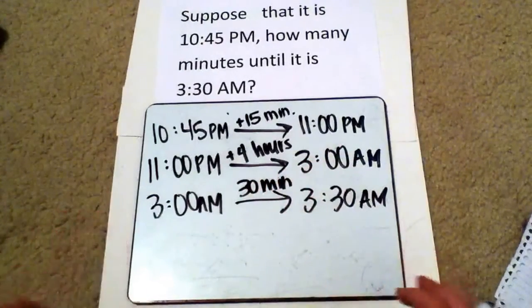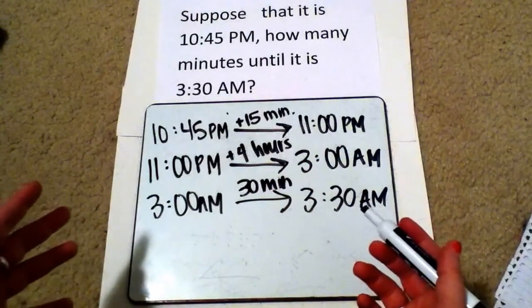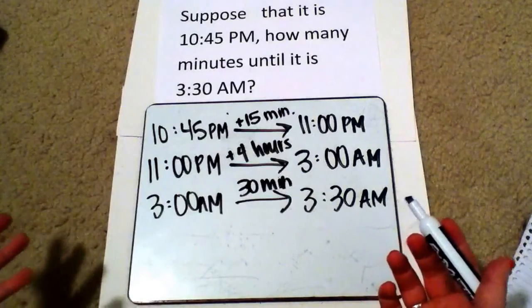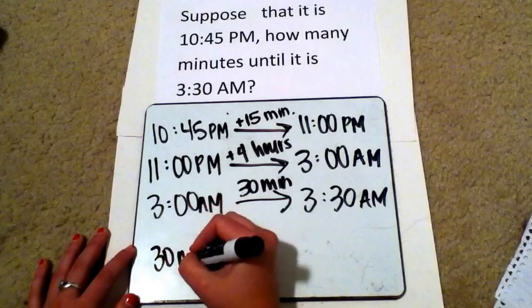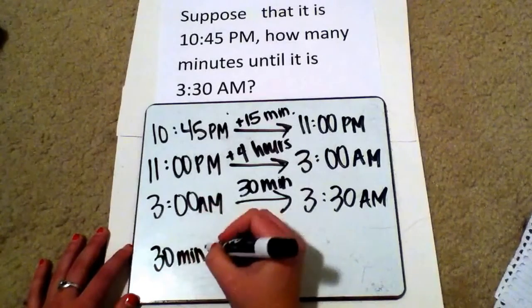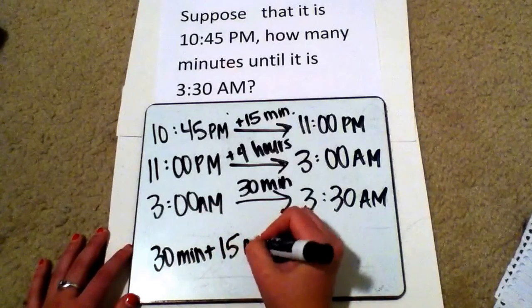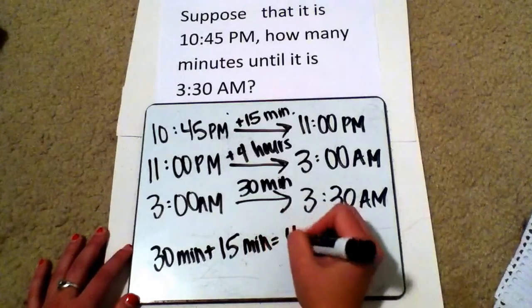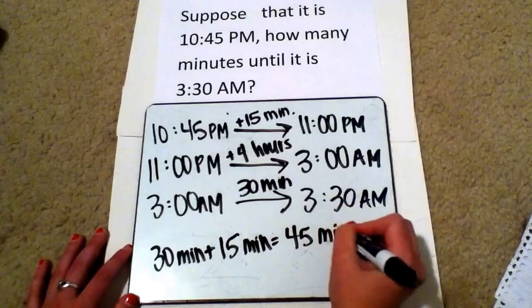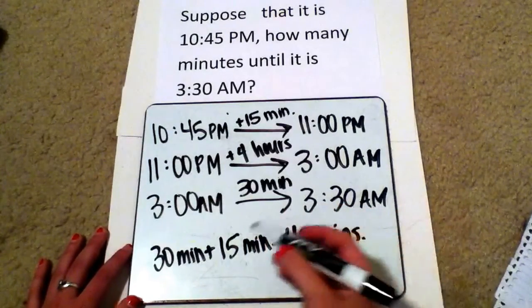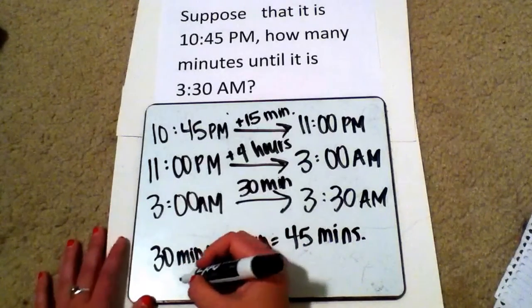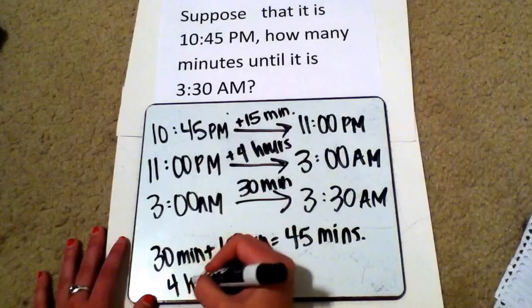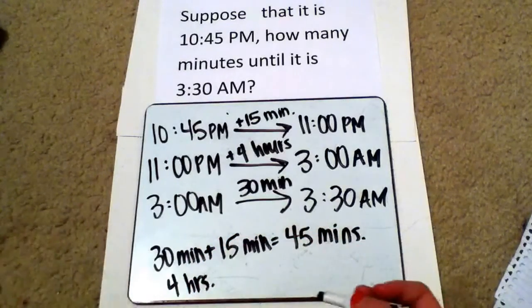Okay, so now we can add all of our hours and minutes up to see how many minutes have passed. So let's add 30 minutes plus 15 minutes. That equals 45 minutes. Now we have 4 hours. Well, let's think about that. How many minutes are in an hour? 60.